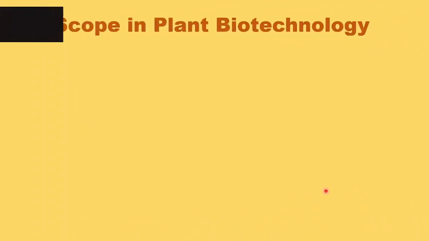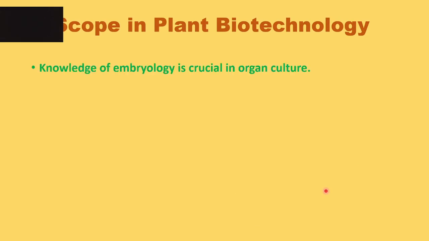Now we will see the scope of embryology in biotechnology. So knowledge of embryology is crucial in organ culture. When you want to study the most advanced branch of botany, that is plant biotechnology, in that also we must have the knowledge of embryology.